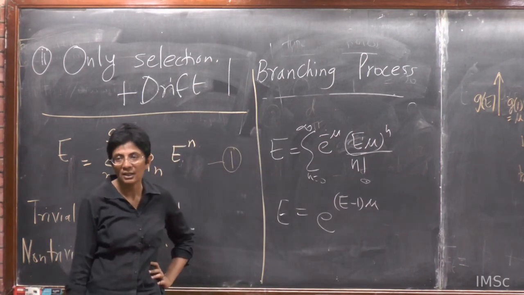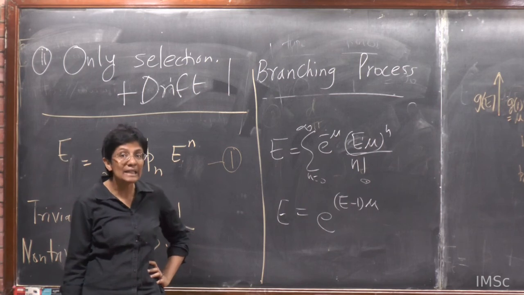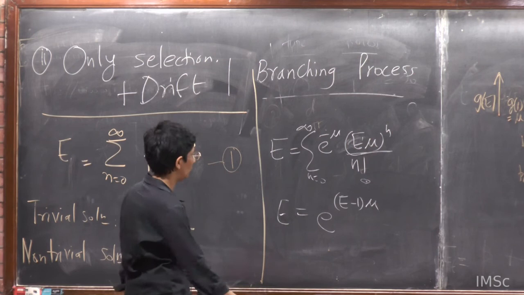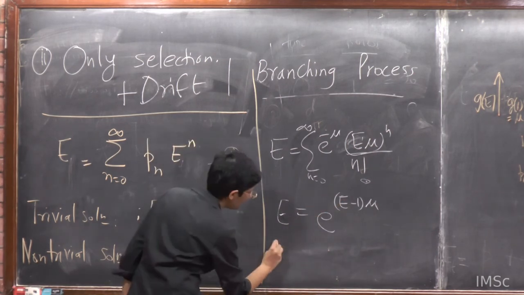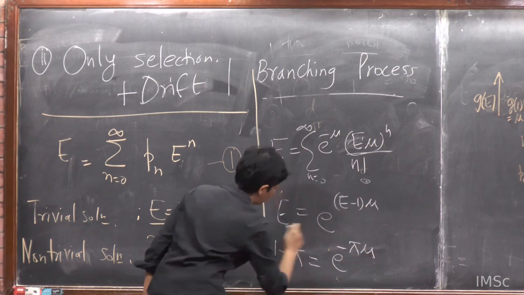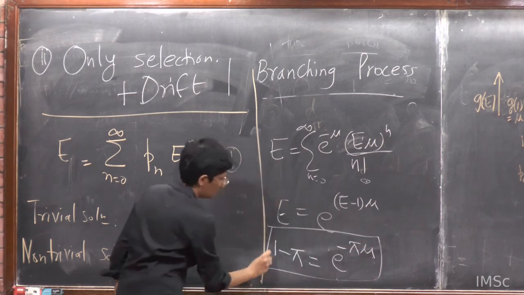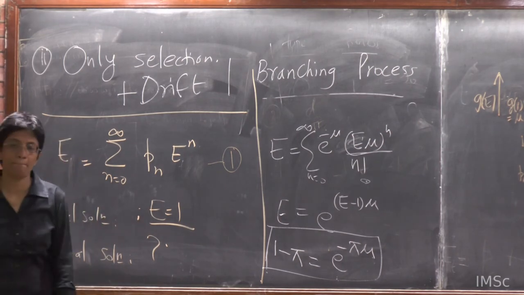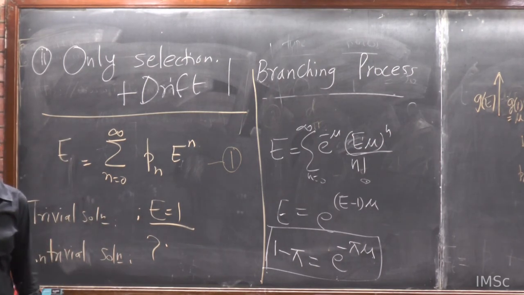Very complicated equation, right? So the quantity of interest, E equals e to the power e, or pi, provided mu is larger than 1.